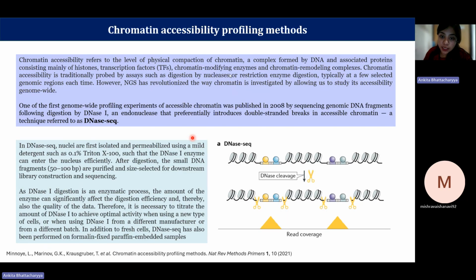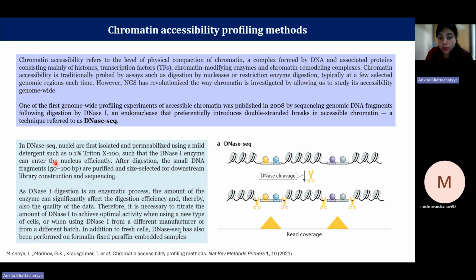So what exactly is done in that? In DNase-seq, first, we'll discuss the difference between these techniques and ATAC-seq in the upcoming slides. But in DNase-seq, first you isolate nuclei and permeabilize them using a mild detergent like 0.1% Triton X-100, such that the DNase enzyme is able to enter the nucleus, access DNA and make cuts.